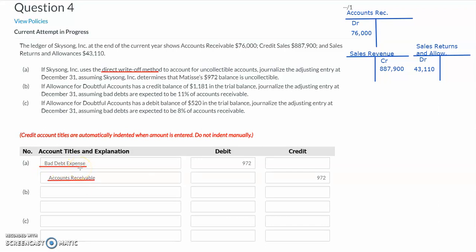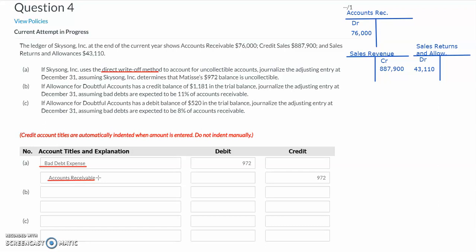But the problem is that the period that they would report the expense may be very different from the period in which the sale was made. So we think about our expense recognition principle, and that's one of the reasons why the direct write-off method is not acceptable under US GAAP. Also, the other issue is that with the direct write-off method, we assume that 100% of our accounts receivable will be received, the full amount, 100% of the time.